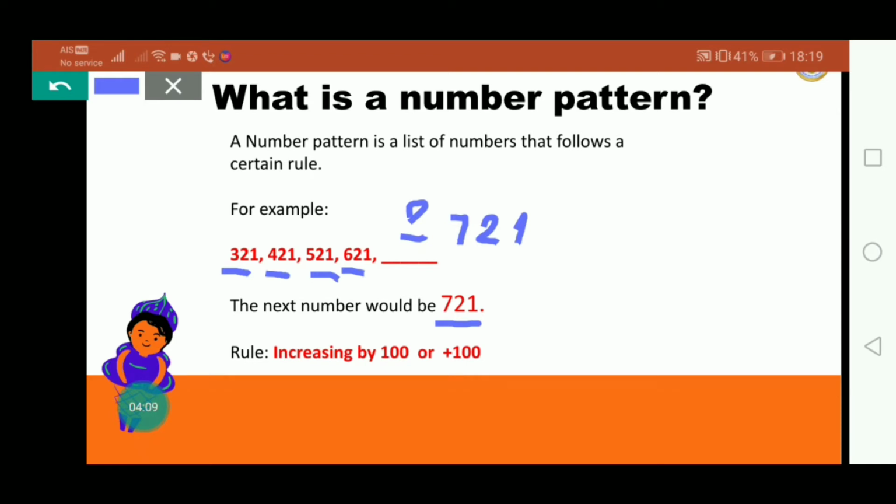We add 100 in each number. So as you can see, we already learned about increasing and decreasing before. Again, increasing is from the smallest number to the biggest number. That is why the rule is increasing by 100.